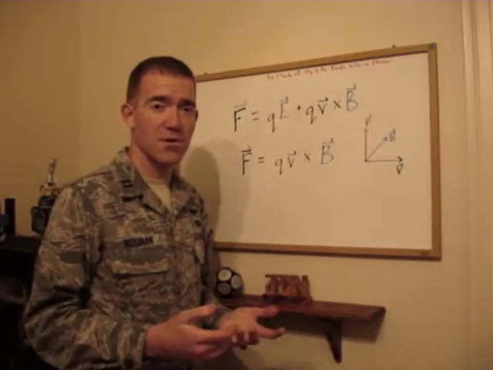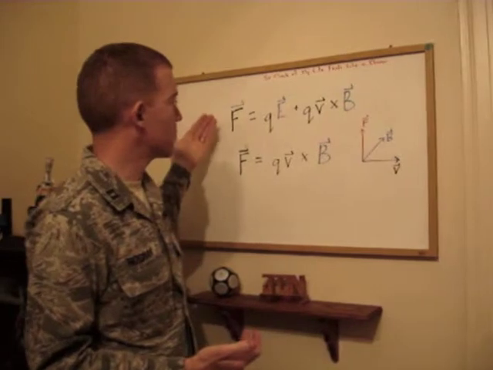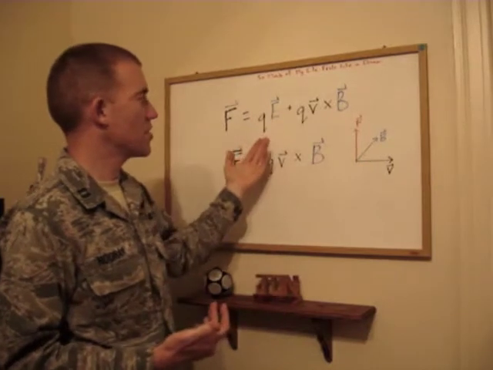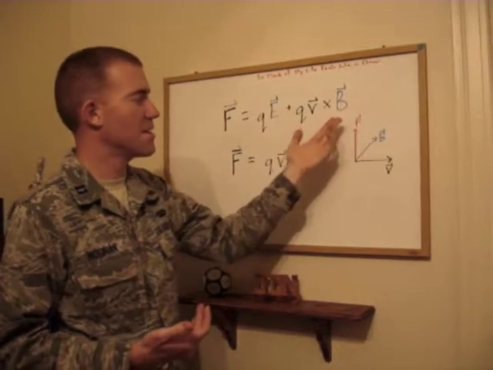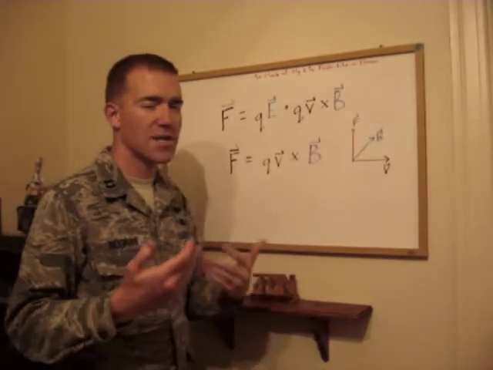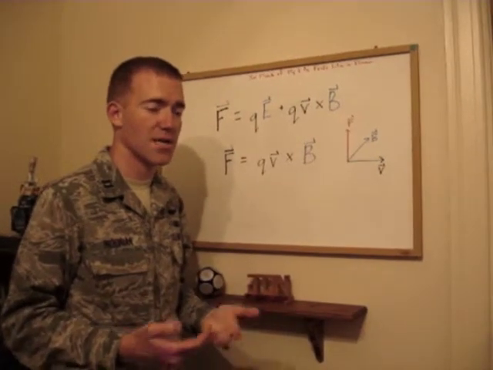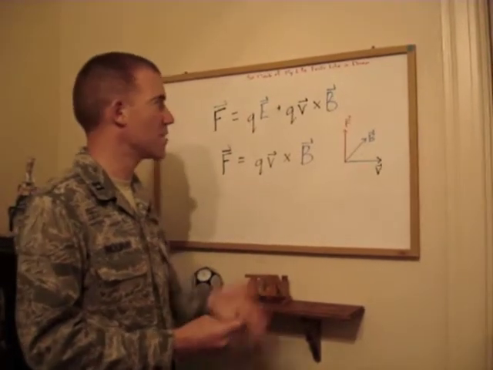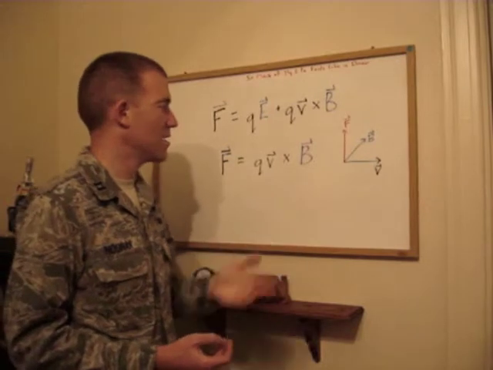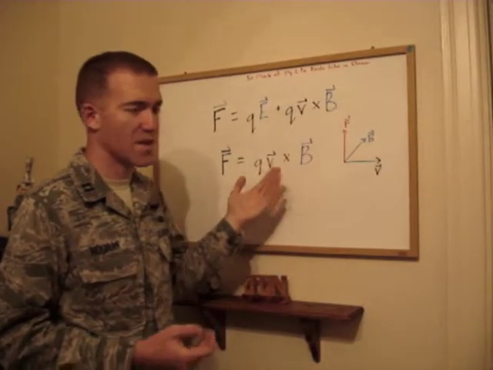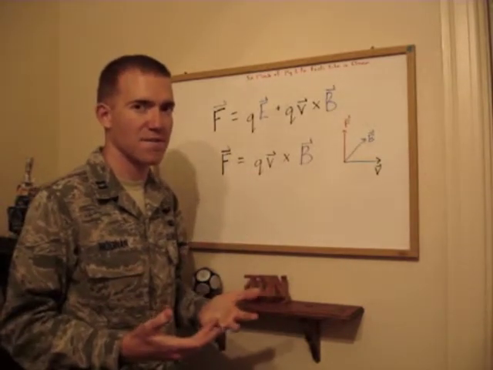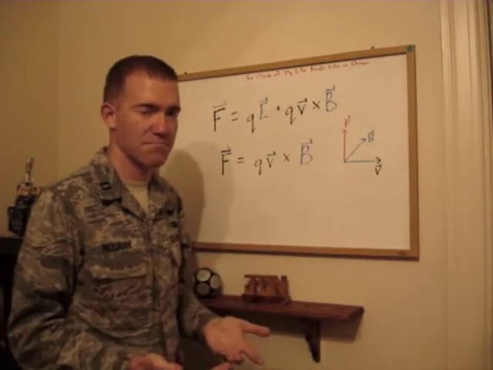In this next part of the video, I'm going to explain the Lorentz force, which is the first equation I have up on the board. It demonstrates how a charge flowing through an electric field and a magnetic field produces a resultant force. In the case of a simplified DC motor, we don't have an electric field, so it simplifies down to the magnetic force equation, where QV is your current flowing through your wire, and B is your static magnetic field supplied by a magnet.